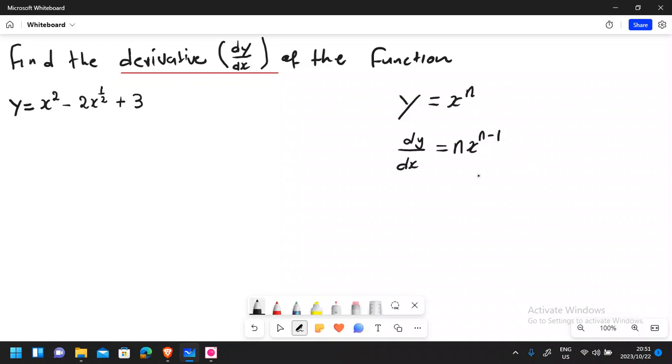Remember, this is the formula, never forget this formula, use it all the time, when you're finding dy over dx, all the standard derivatives.